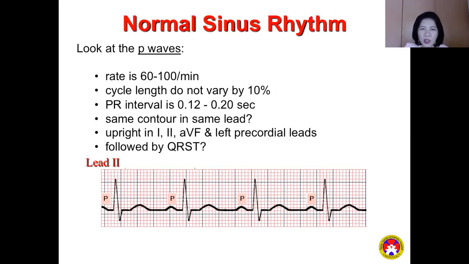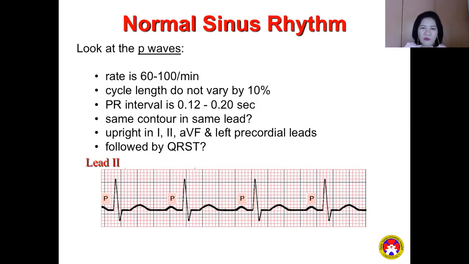So when do we say that we have a normal sinus rhythm? We look at the P waves. The P should appear regularly at the rate of 60 to 100 per minute. The cycle length or the intervals between the complexes should not vary by more than 10%.